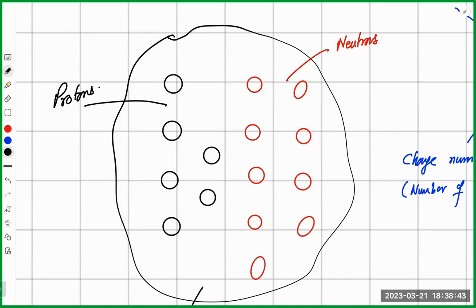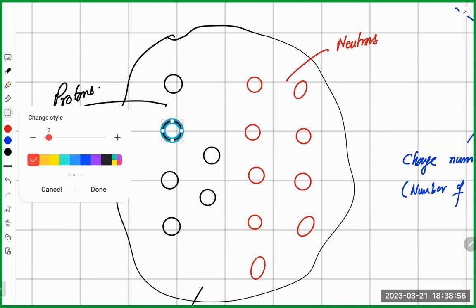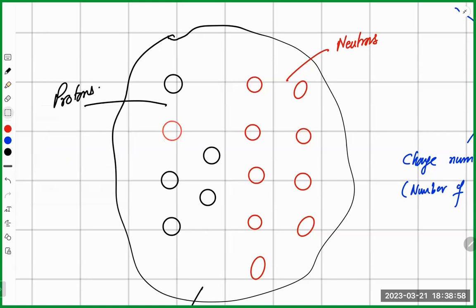Very nicely done. Listen, what if one of the protons converts into a neutron? What will be the total number of neutrons now? 10. And what will be the total number of protons? 5.